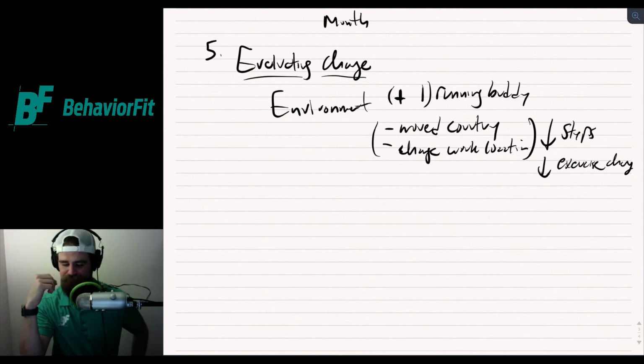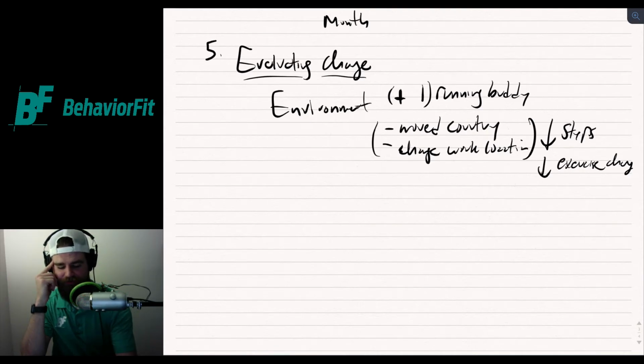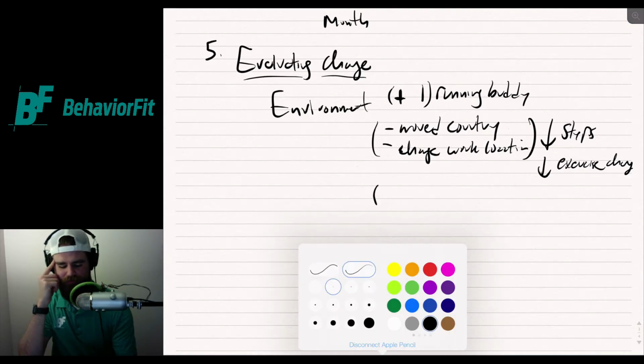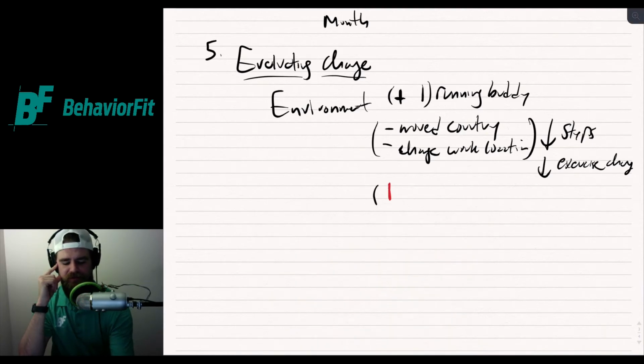So, looking at those environmental changes: the running buddy in the example below, I moved across the country. Something as simple as, man, it could be some type of medical injury. You have some type of medical reason, right?